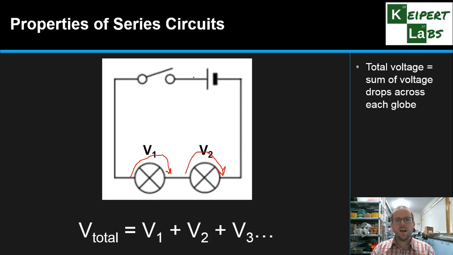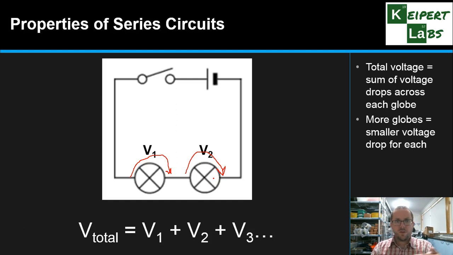So we start with the full amount of voltage that the power source can provide, and then it drops, and then it drops again. And so the total voltage is spread out between those two globes. The more globes that we add, the smaller the voltage drop will be at each stage.